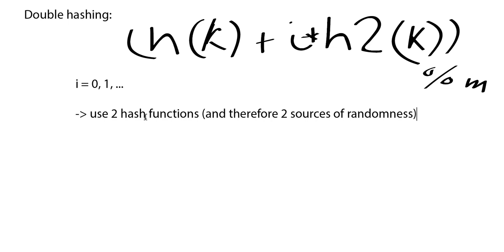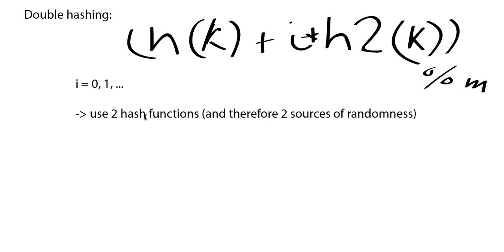And the better we do that, the more likely we are to find some kind of unique index to hash into. But anyway, each key we see starts at h of k and has the jump sequence corresponding to h2 of k, right?